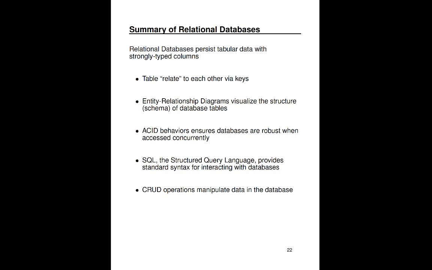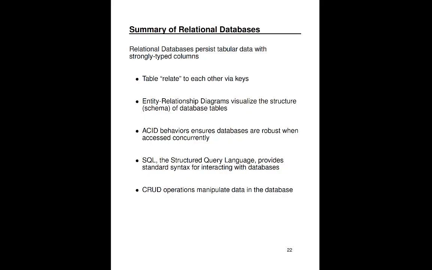So that's it. That was the introduction to relational databases. I just wanted to highlight a couple of things here before we break. Relational databases persist tabular data. So this is data that comes in rectangles. You've got rows of data, and each cell is a value for a column that has a strong type.